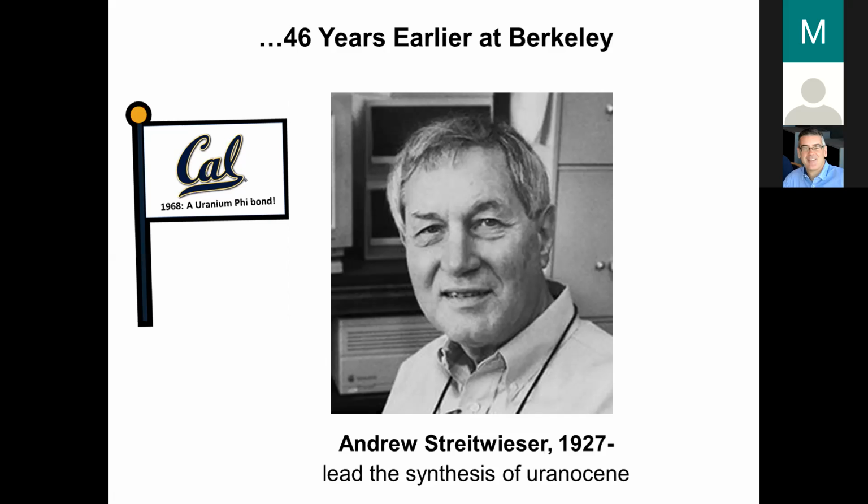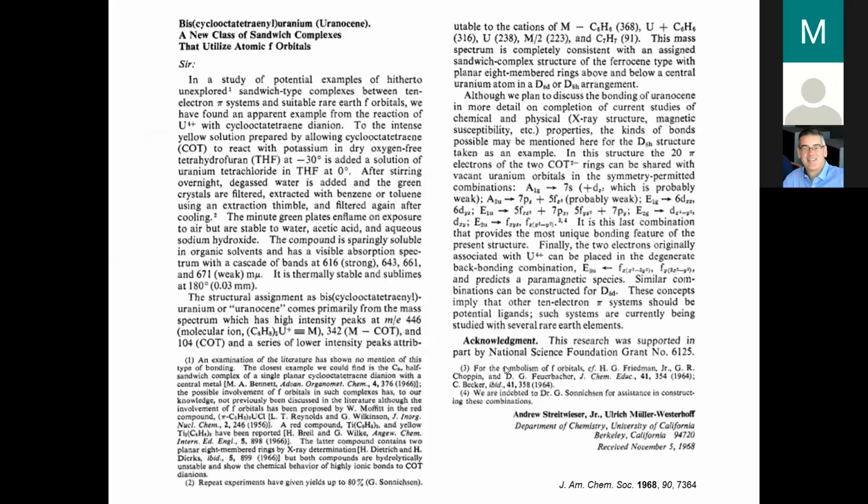At least back in my grad school times, everybody was talking about him and uranocene, one of the most important and one of the first organometallic actinide molecules that were ever made. And he published that in 1968, already proposing all kinds of orbital interactions that I described to you earlier in this talk, even though he didn't even have a single crystal structure of that molecule.